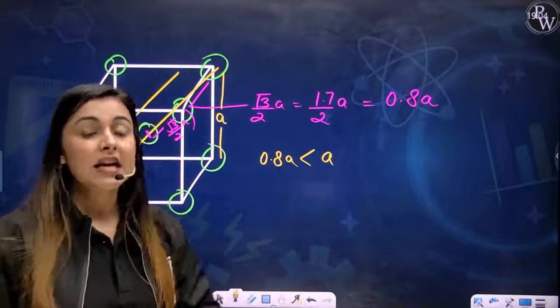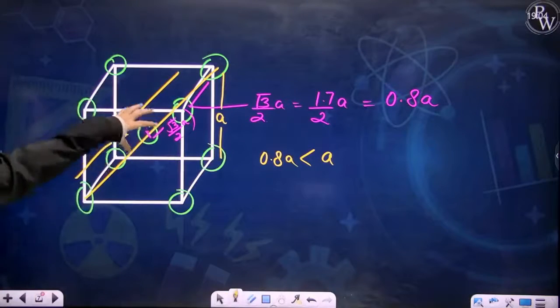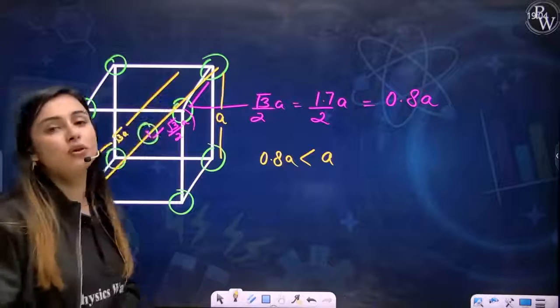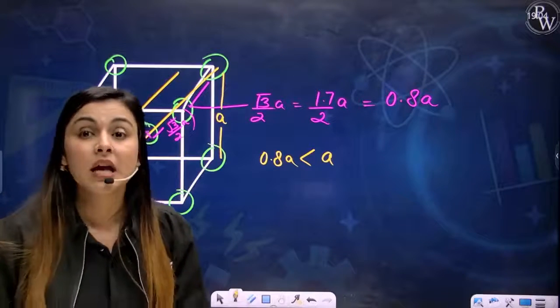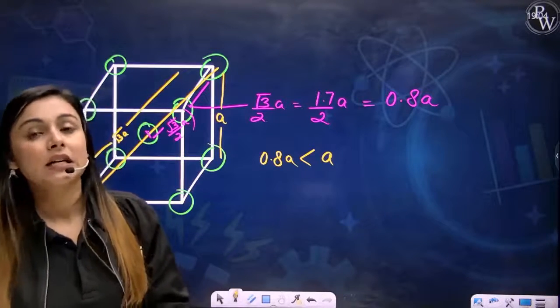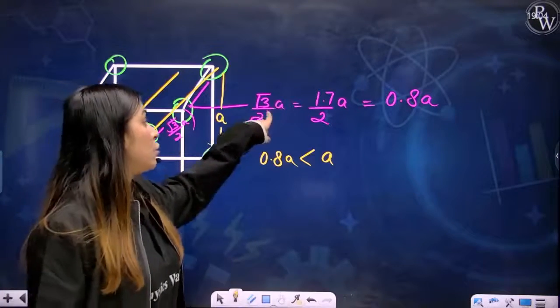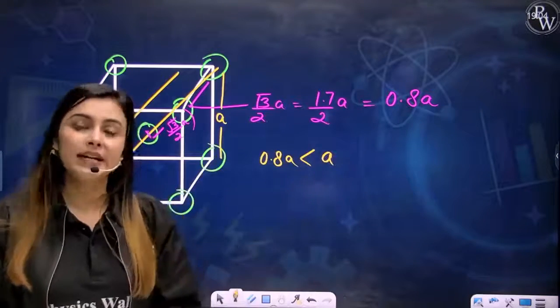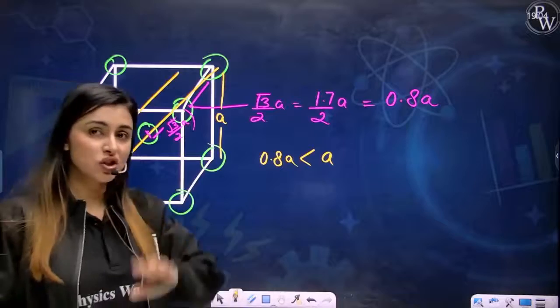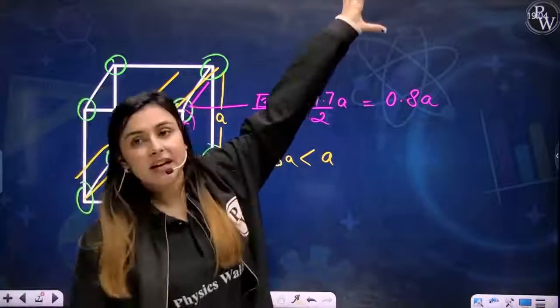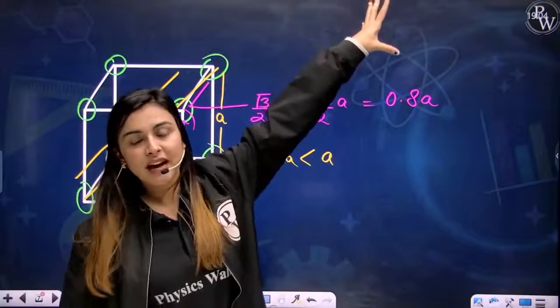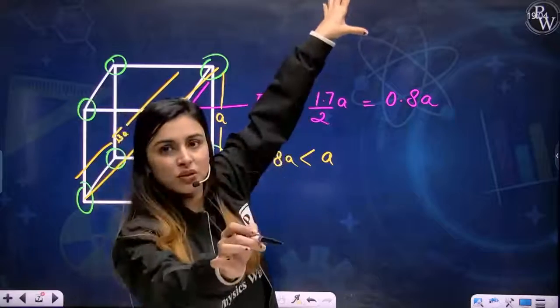Since this is at the body center, now you have to calculate how many atoms are actually present at this distance, which is root 3 by 2a or 0.8a. Just imagine you have an atom there and you have to calculate its coordination number, and it is closest to this body center.